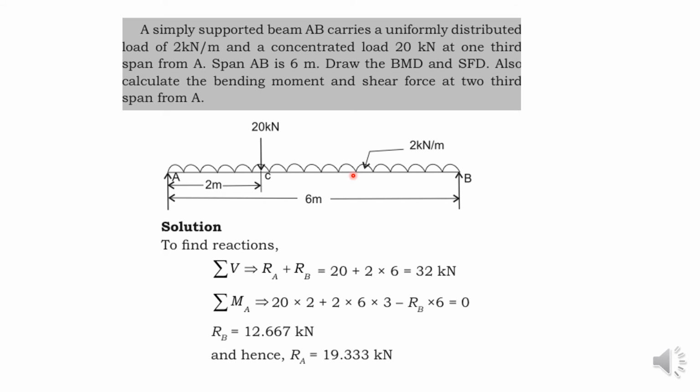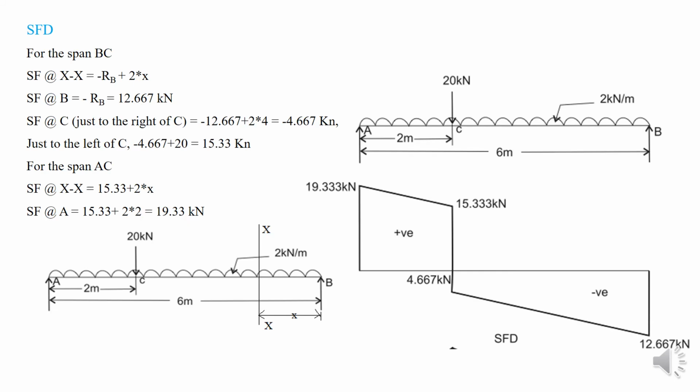So in order to find the reactions, use the conditions of equilibrium, and you will get RA equal to 19.33 and RB equal to 12.667. Now to draw a shear force diagram for the span BC, consider a section line. So you will get the shear force value as minus RB plus 2H. Now shear force at B, where H is equal to 0, is minus RB, which is minus 12.667.